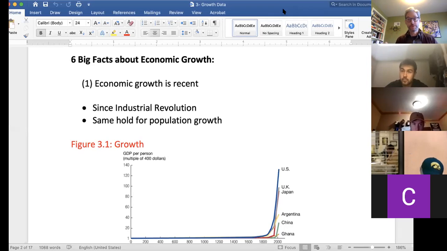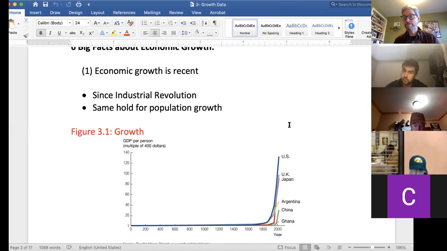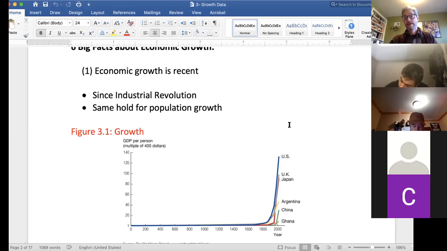And I'm sorry, not just US history, world history. So most of world history, population growth has been extremely low. And given that most people were living at subsistence levels of income, the only way you could have more people is if you had more economic output, more growth. And so the fact that we weren't really generating more people suggests that growth was very, very low.